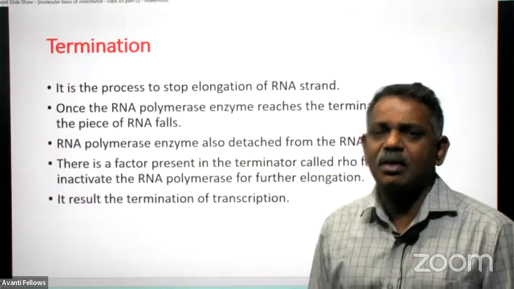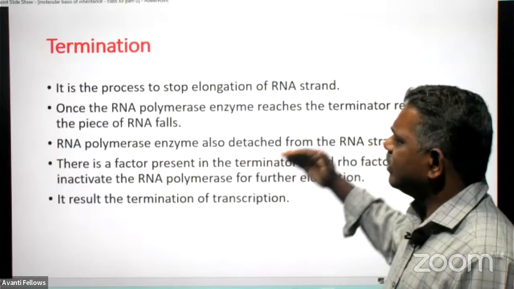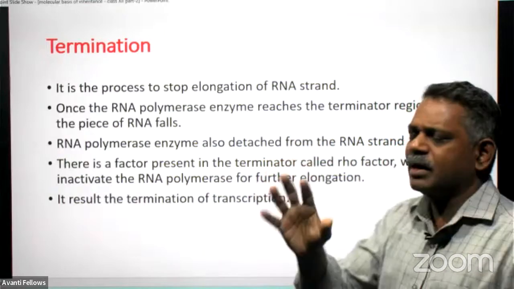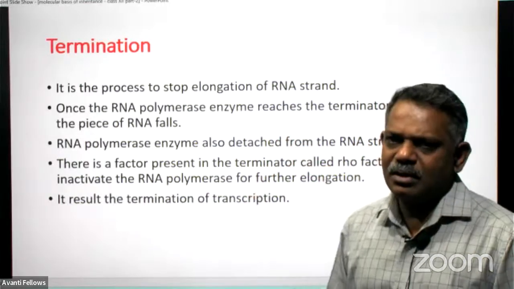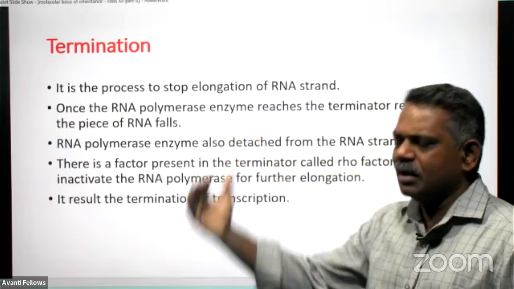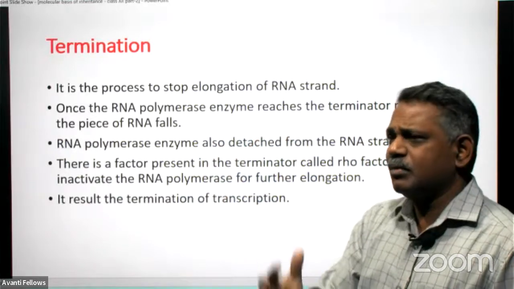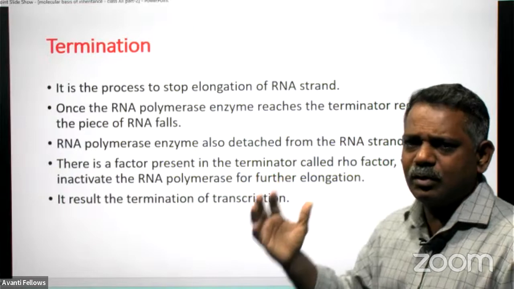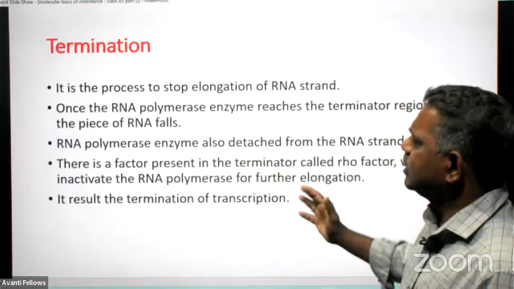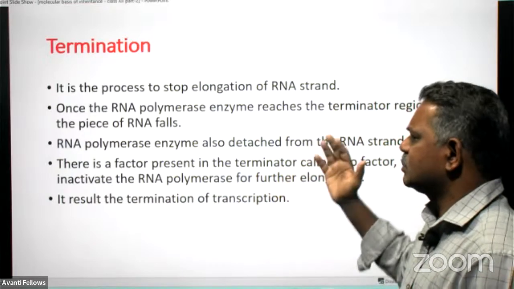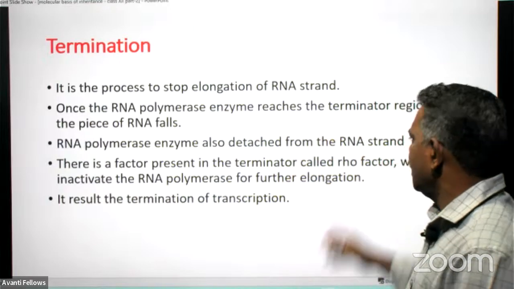We call it the rho factor, and this rho factor helps the RNA polymerase to detach. Because of the absence of RNA polymerase, it is not possible to elongate further. So with that, the process of transcription comes to an end, right?